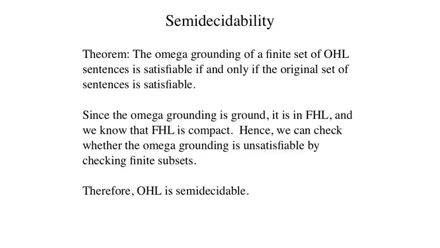Hence, to determine unsatisfiability, we can just check finite subsets of our omega grounding as it is being generated. If the set is unsatisfiable, we will eventually encounter an unsatisfiable subset in this process. Otherwise, it might run forever. In any case, it demonstrates the semi-decidability of OHL.